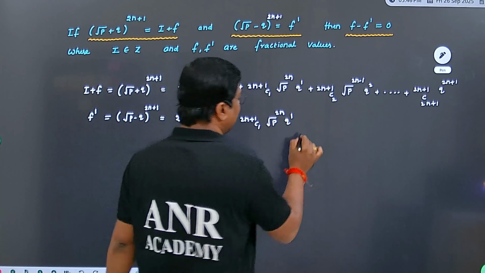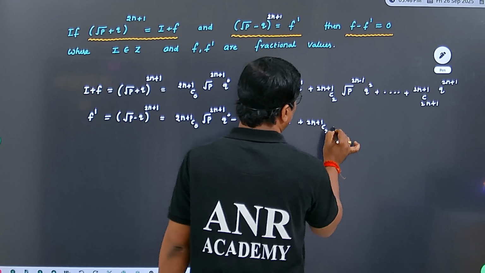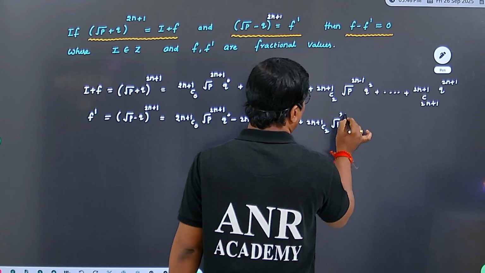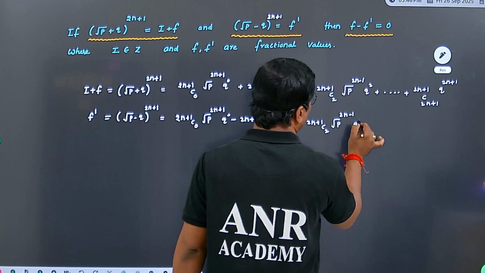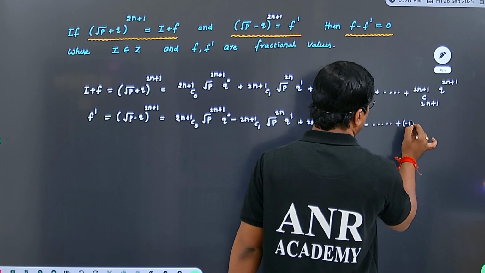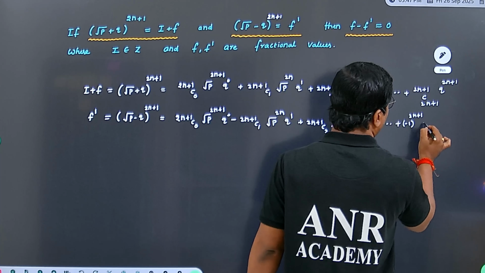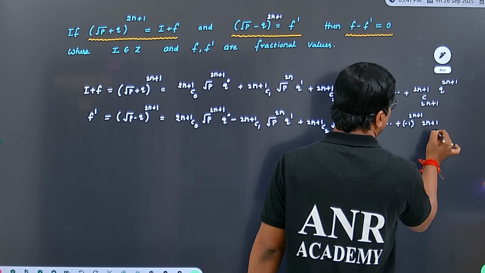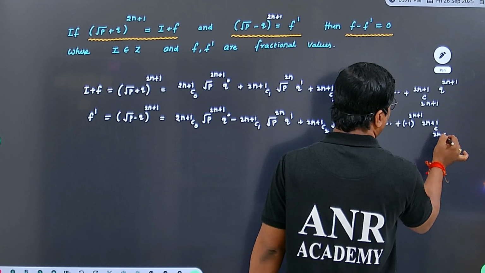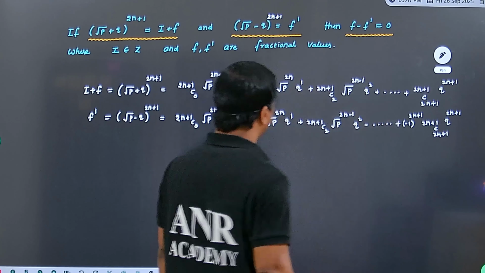Next you have to write plus sign, 2n plus 1 c2 root p power 2n minus 1 q power 2. Next minus sign and so on, plus minus 1 power 2n plus 1, 2n plus 1 c 2n plus 1 q power 2n plus 1 it is.